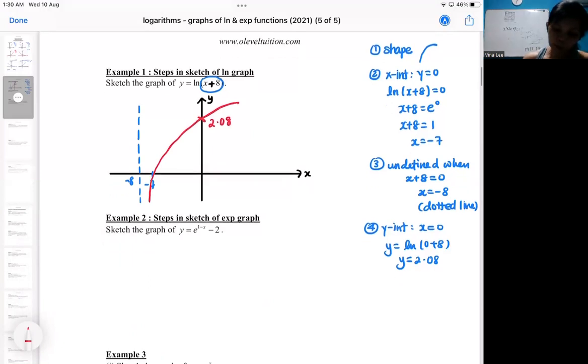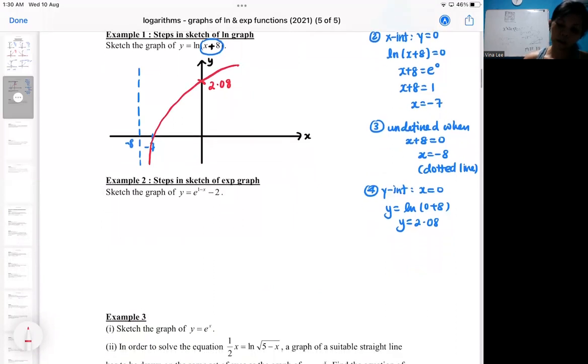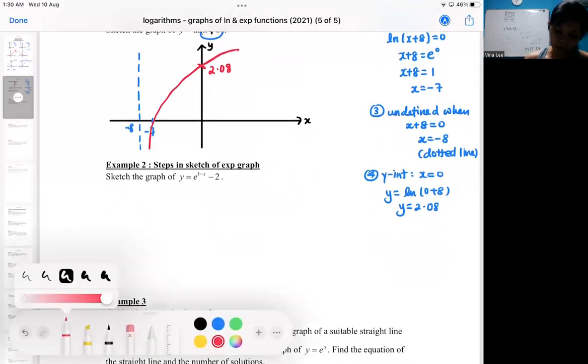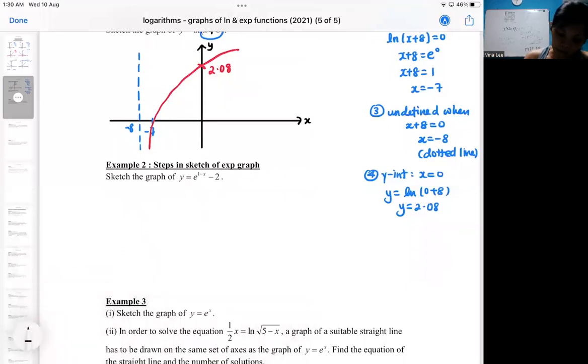Okay, so for exponential graph, sometimes there will be some shifting. So to make things easier, I'm just going to cancel away this part first. So I'm just going to ignore the shifting first. So I'm just going to focus on y equal to e to the 1 minus x. So if I focus on this, the coefficient of x is negative.